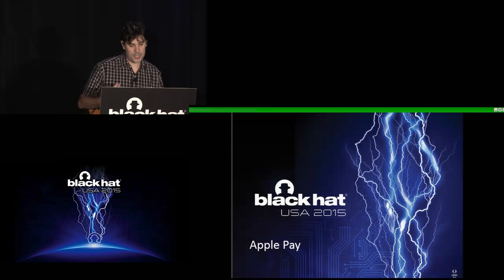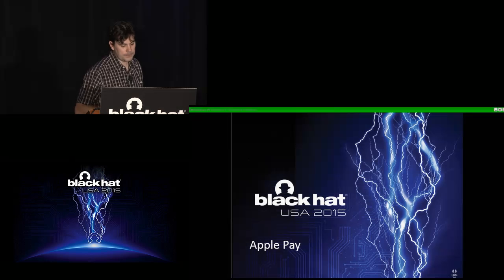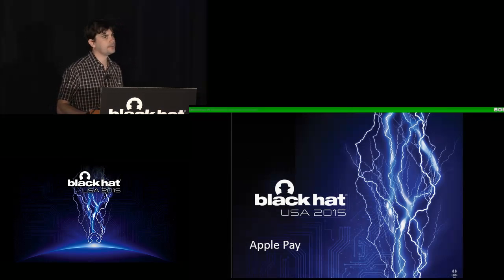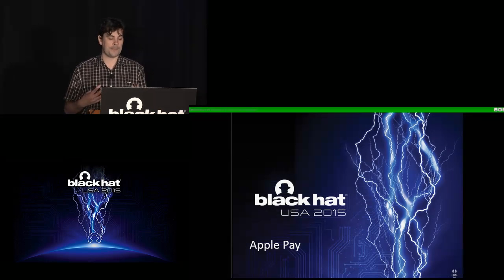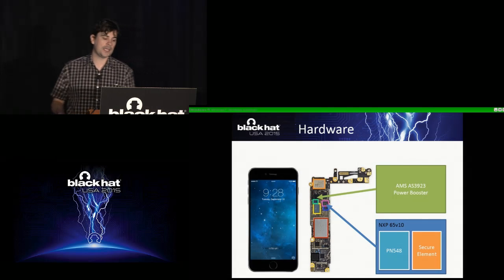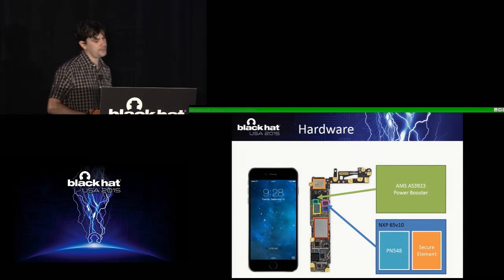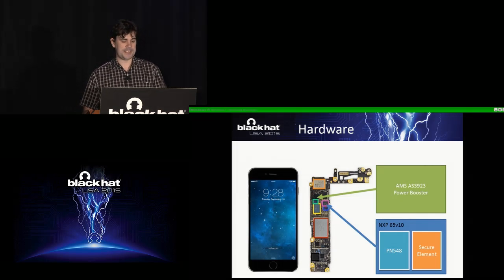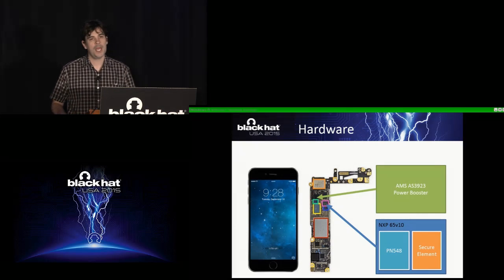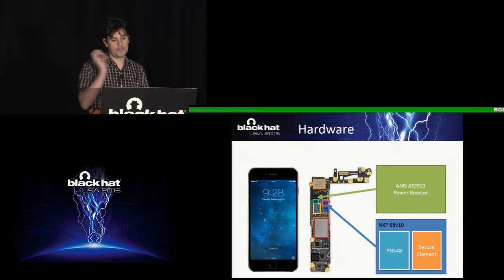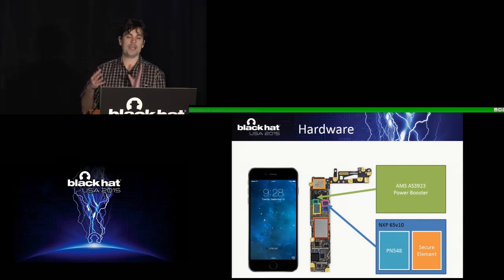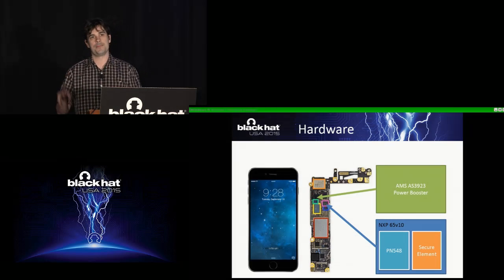All right, so now I'll cover Apple Pay. Generally, Apple Pay, as we all know, around the last year or so, is the dominant form in the US for your contactless transactions. The hardware used is a fairly nice system compared to a lot of others I've seen. The key thing is this NXP 65V10 chip. This has a processor on there to perform the contactless transactions, and separately it also has a secure element chip in the package.